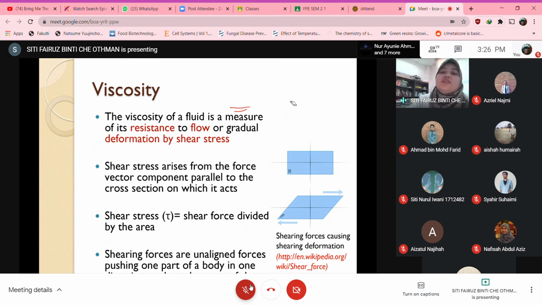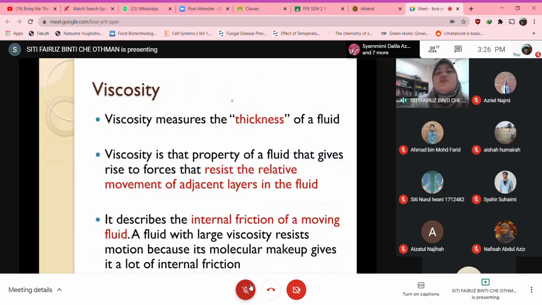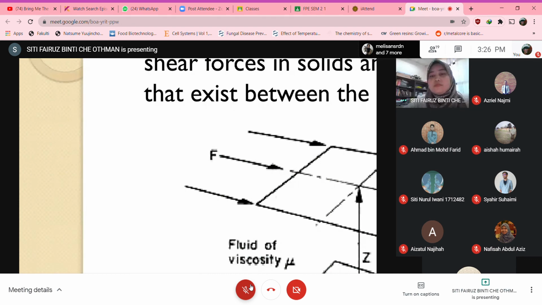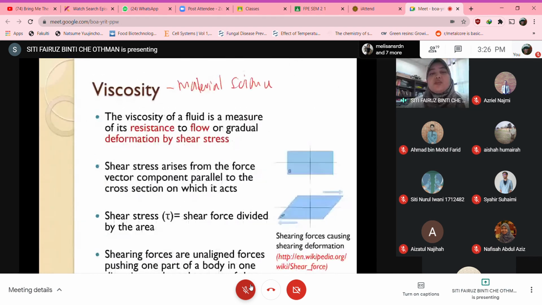This is actually material science for fluid, okay. Viscosity, this is actually a type of material science lah. How do you actually get the viscosity ni? So this is actually another branch of study called the rheology study.